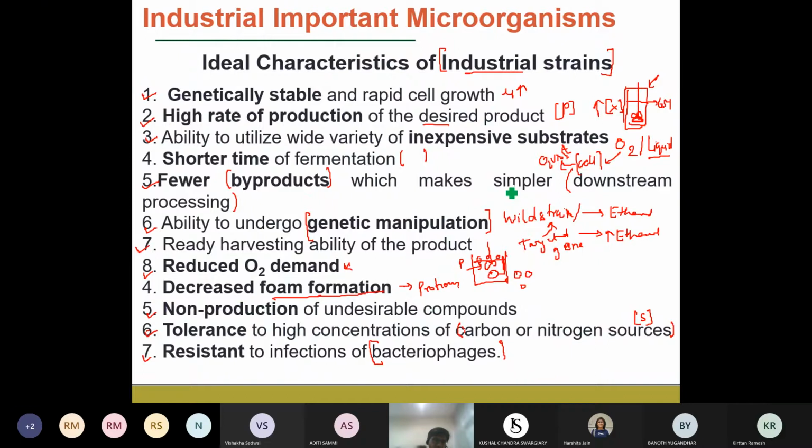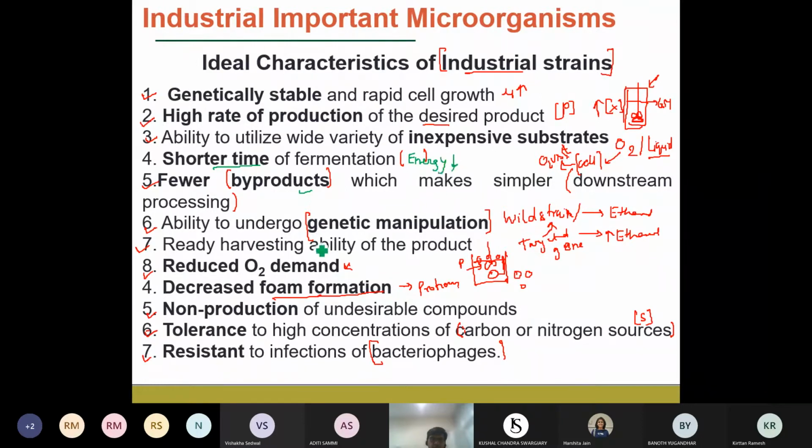Suppose you are going to modify a wild or natural strain into an industrial strain, what characteristics would you like to introduce? We already talked about lower byproducts. Then the overall fermentation time should be lower, so that the overall energy consumption is also lower.